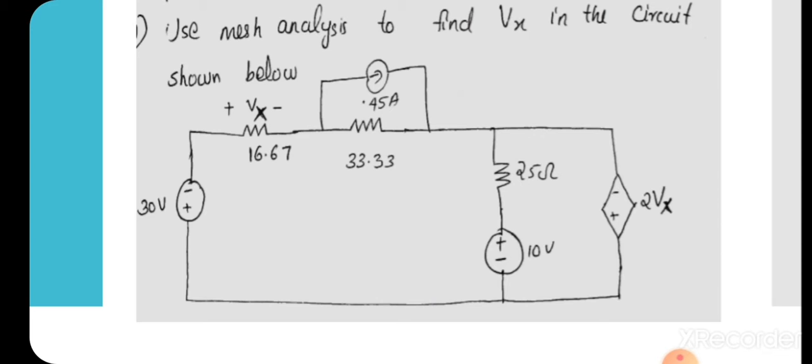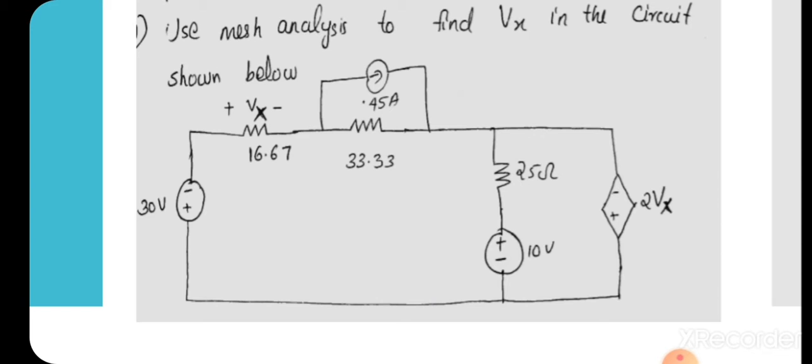That means it depends upon the potential drop across the 16.67 ohm resistor. The voltage value of this source depends upon the voltage drop across the resistor, which is why it is called a dependent source. So this is a problem containing a dependent source.